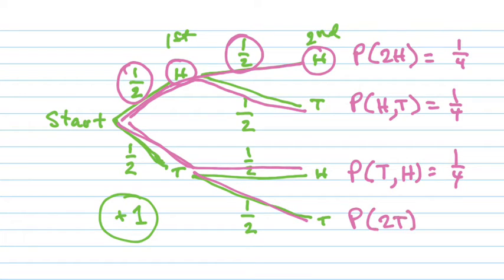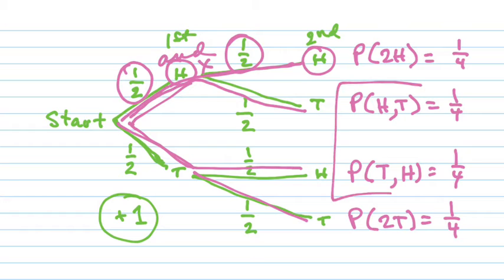So 2 tails, again, 1/4. Again, this was a very simple one to draw and to work out because the probabilities were all the same. But as you're traveling along branches, that's the same as saying and, which implies that you're going to multiply along the branch. Okay?